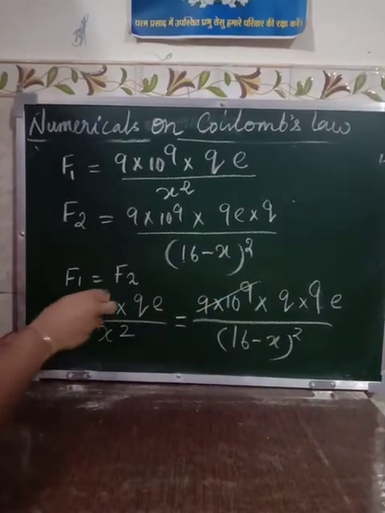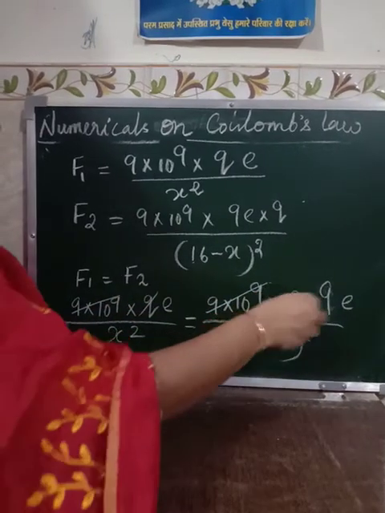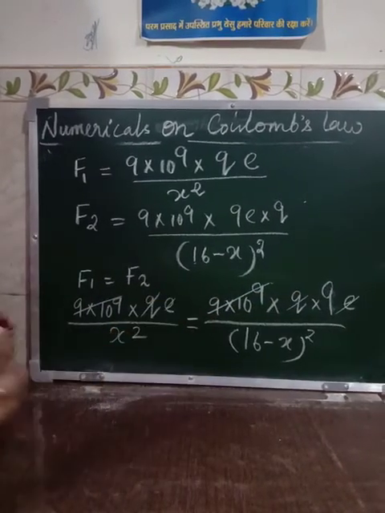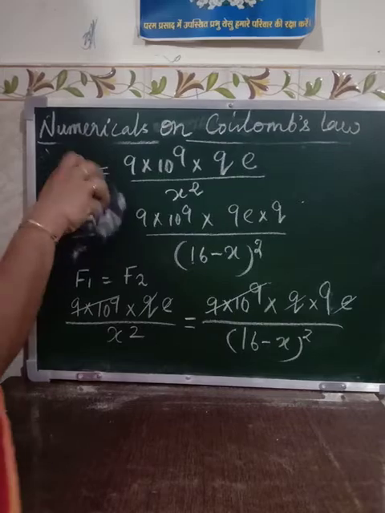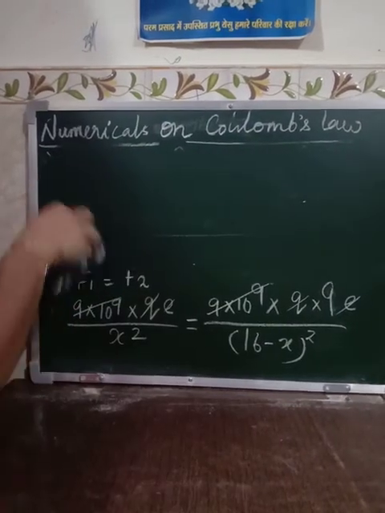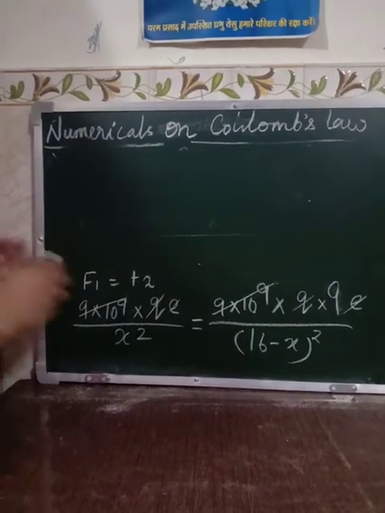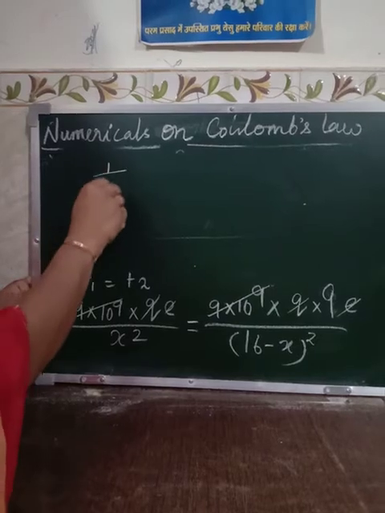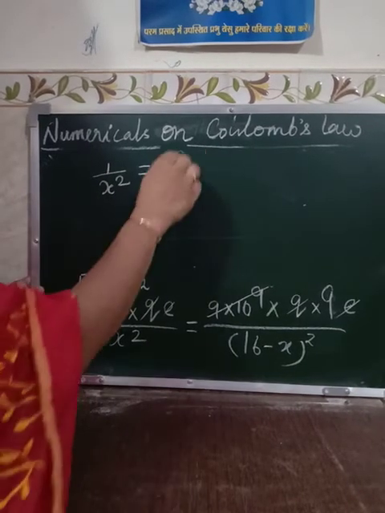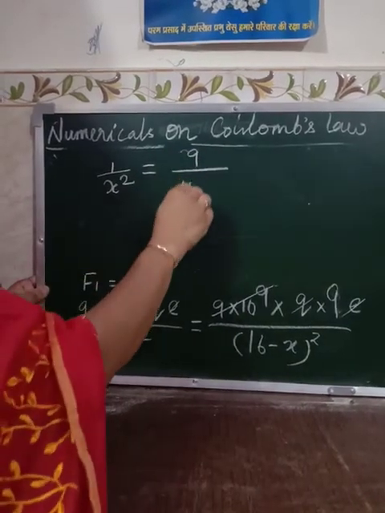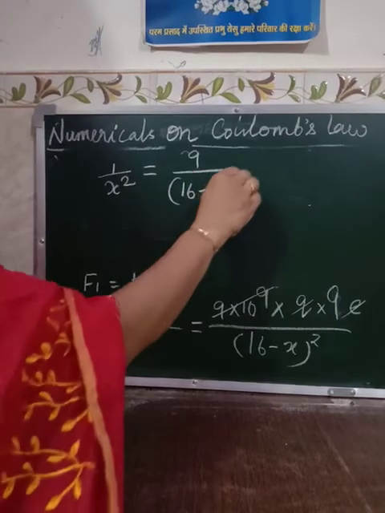So 9 is cancelled, QE cancelled. So we can express this equation as 1 upon X square is equal to 9 upon 16 minus X the whole square.